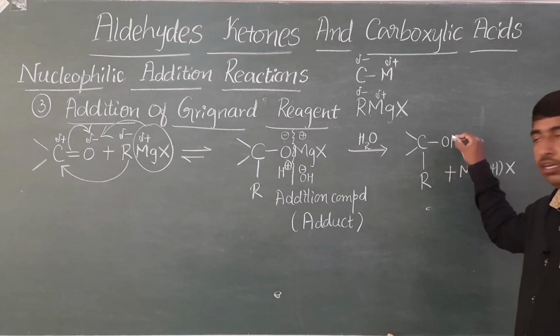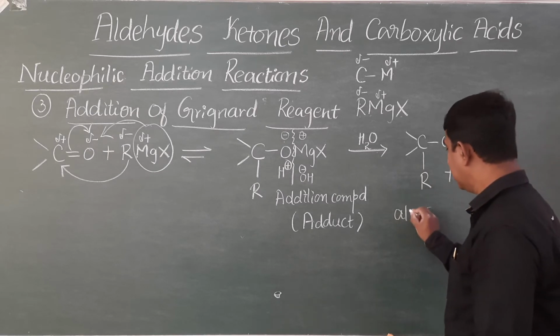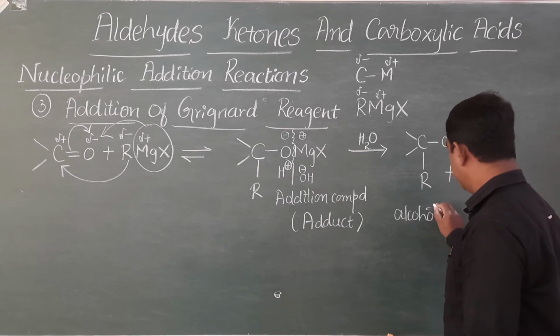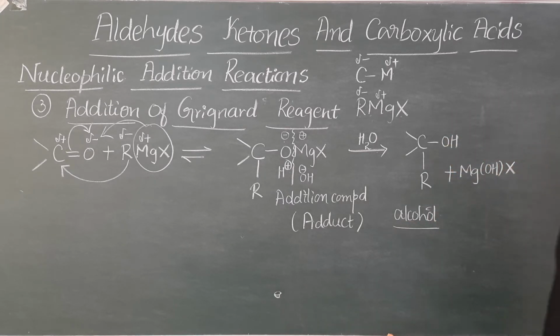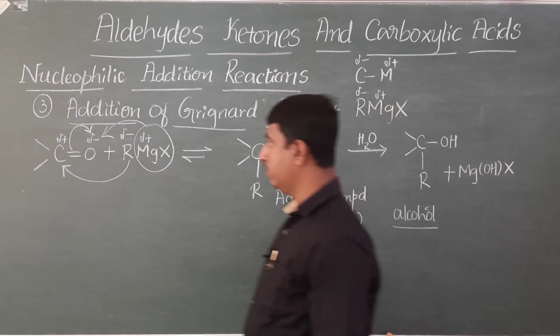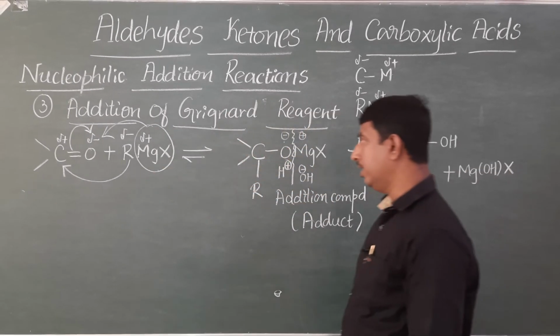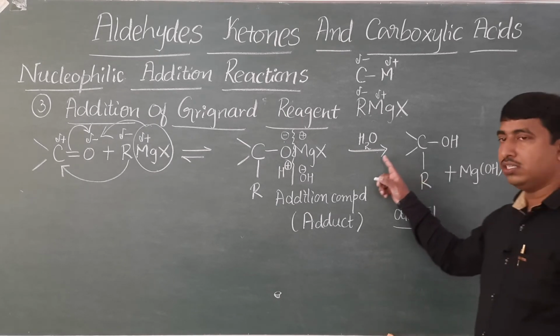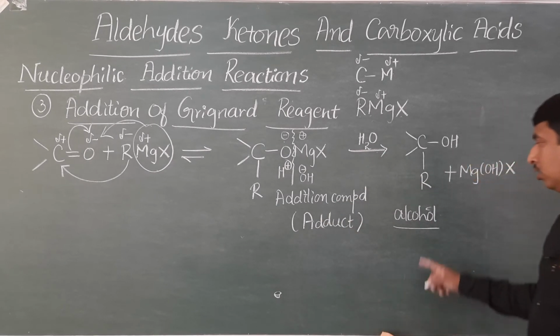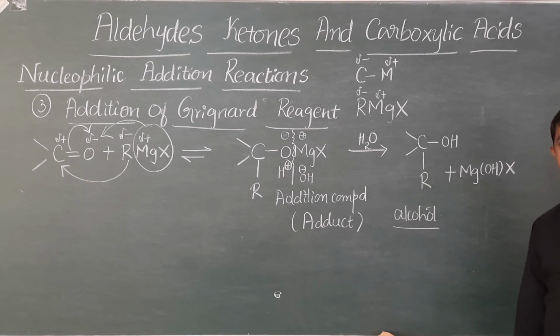Compounds containing OH group are called alcohols. So aldehydes and ketones react with Grignard reagent forming an addition compound. Hydrolysis of this addition compound produces an alcohol.